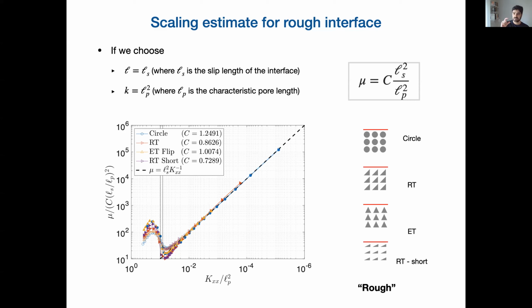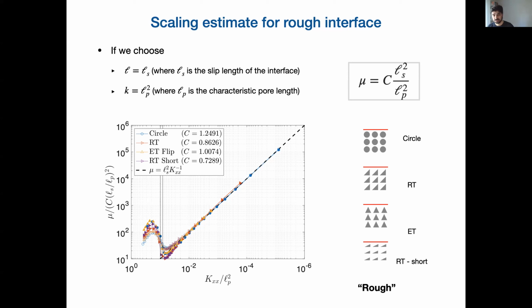And the distance over which the velocity has to decay to reach 0 is called the slip length. That is a length scale that you can uniquely define for any rough surface. And if we use that length scale in our expression, which we call LS, we get the expression to the top right.